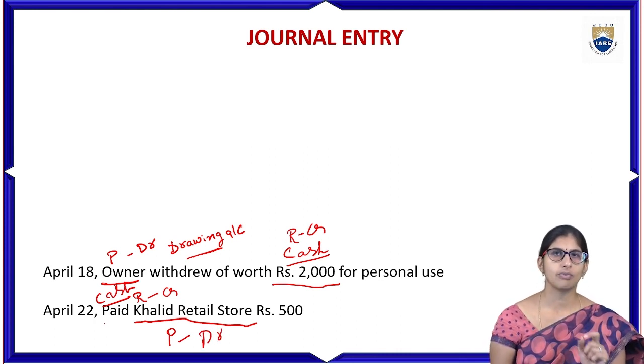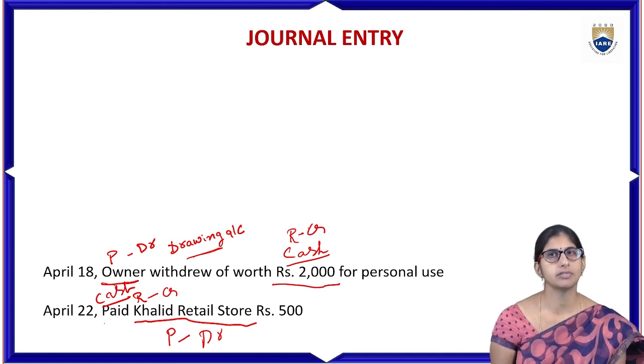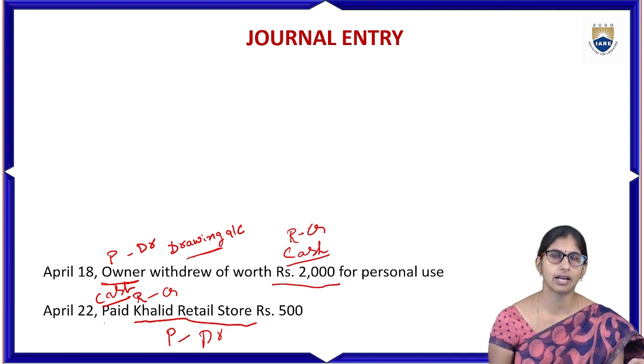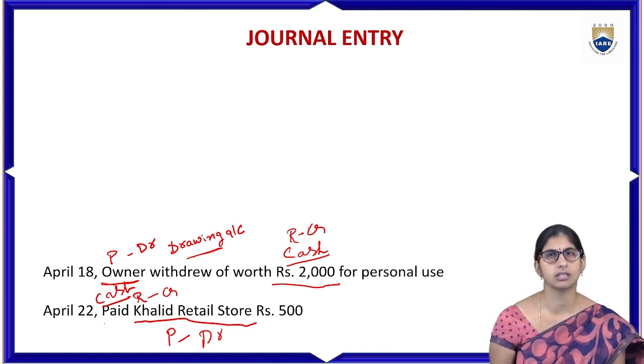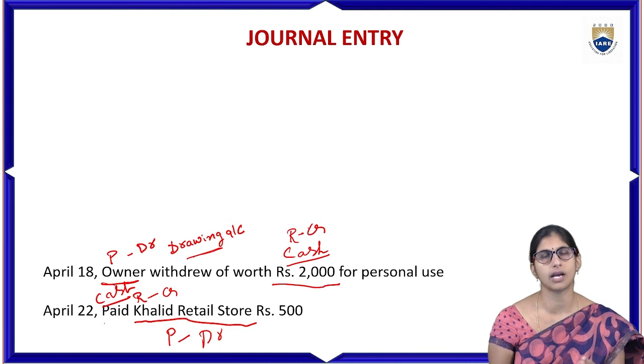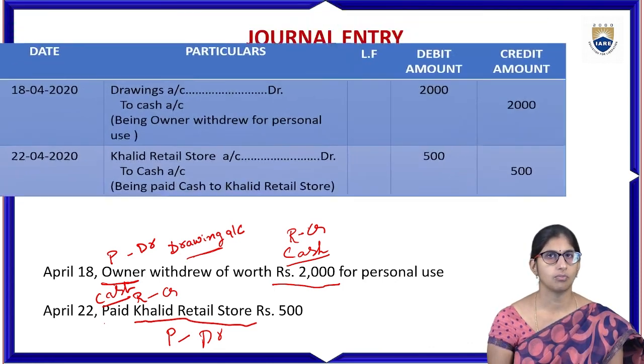So this is how we have to identify each and every item, whether they are falling under nominal account, personal account or real account, and based on that we are going to apply the rule, differentiate what is debit and credit, and then enter in the journal book.